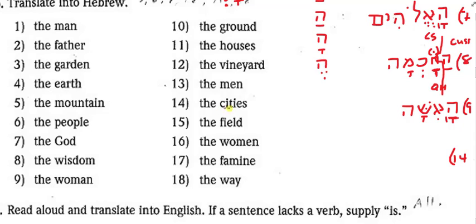So this is cities, it's plural. What's the singular of city? It's ear. Ayin, kametz, yod, resh is singular, but the plural is slightly different. It's arim. It's got a kametz. Arim. Okay? So I want to make this the cities.